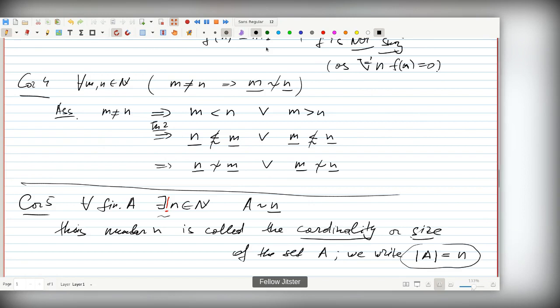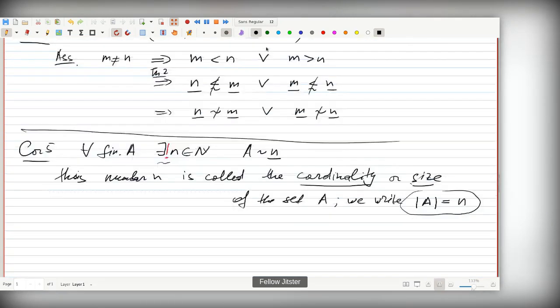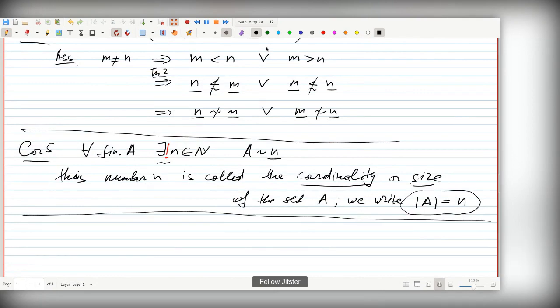The size of A equals n, and in fact this size is uniquely defined. It is a property of A. You cannot have distinct sizes. In Russia, we say мощность instead of cardinality. Of course, you can call it размер, but it is slightly less popular in Russian usage.